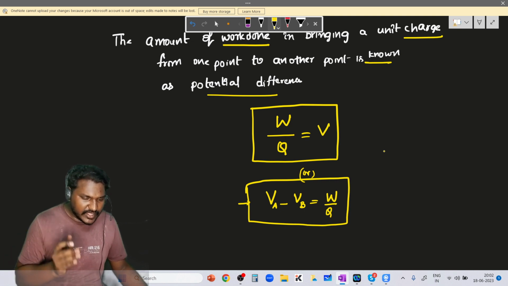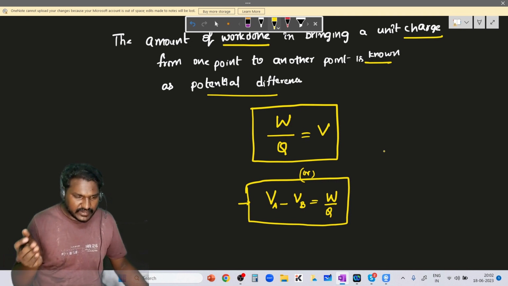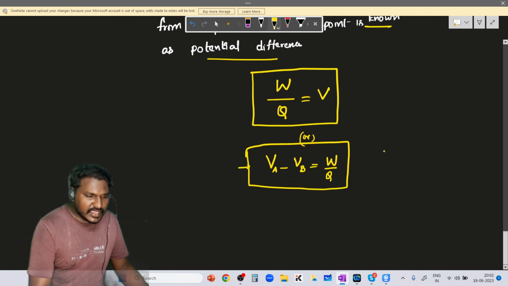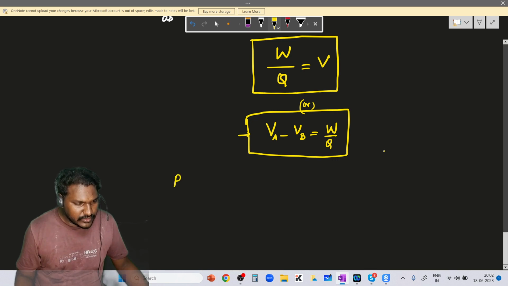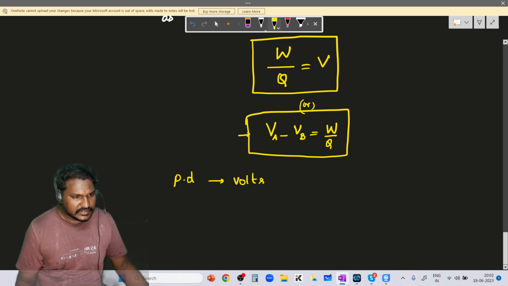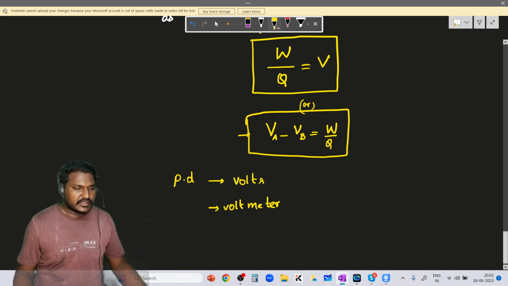For current, the unit is amperes, and the measuring device is ammeter. In the same way, the unit of potential difference is volts, and it is measured by voltmeter.